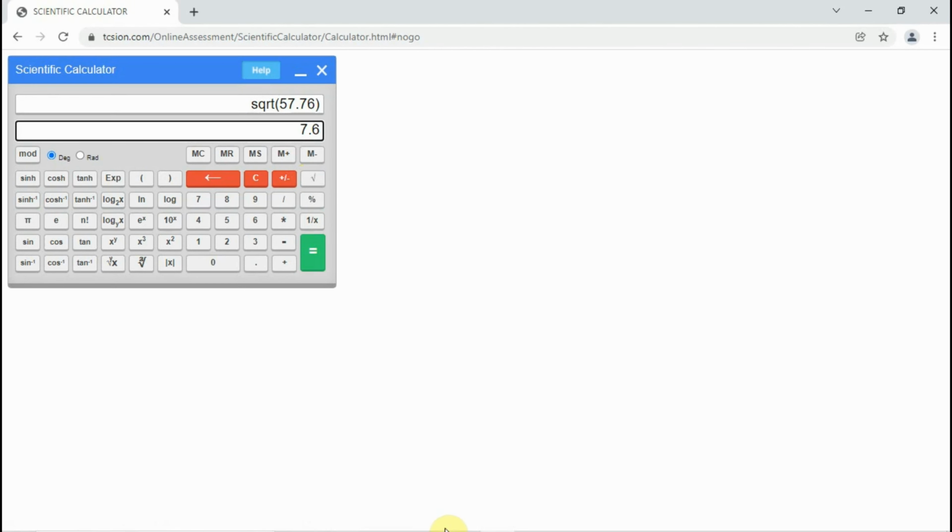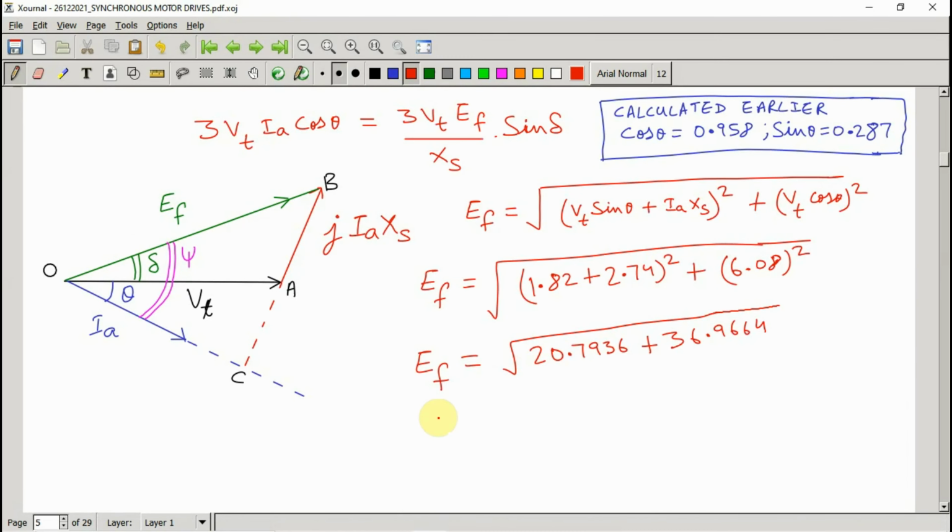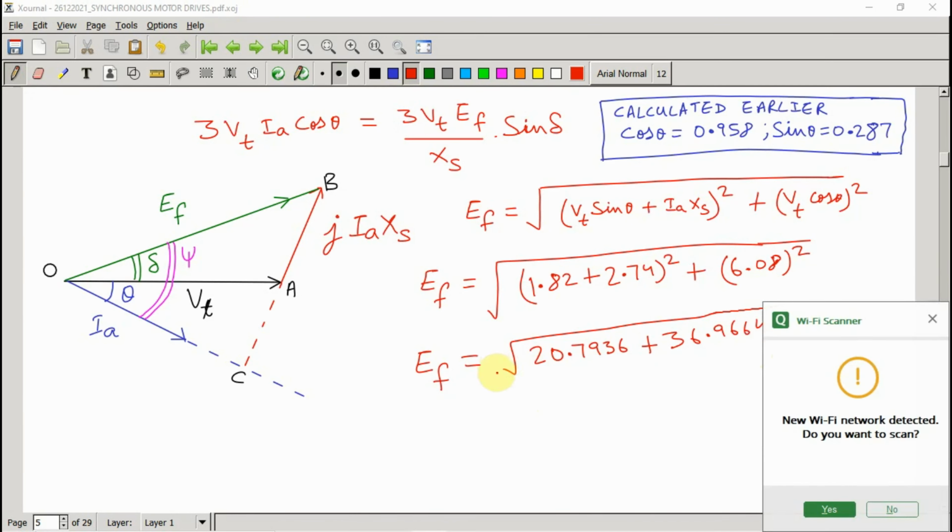I am getting 7.6. So EF is coming as 7.6 kilovolt per phase.